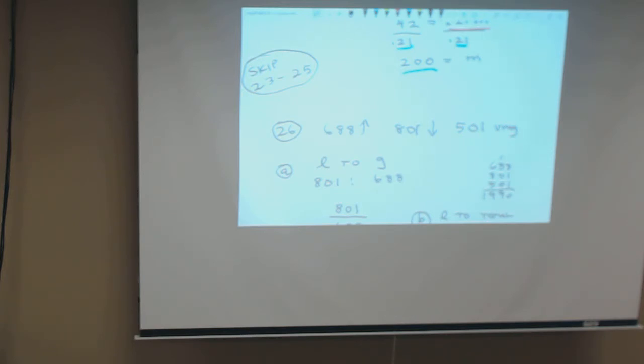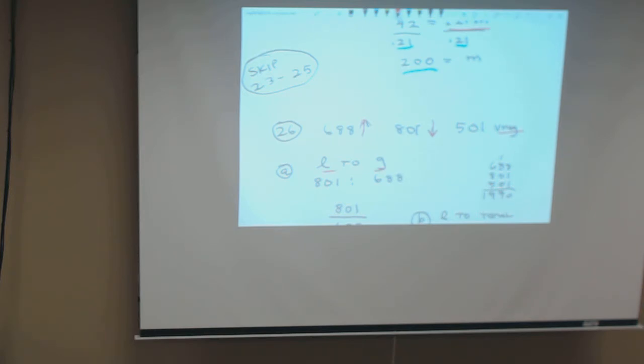26. On a certain day, the New York Stock Exchange reported that 688 stocks went up. So I just put 688 went up. 801 went down, and the rest were unchanged. 501 were unchanged. What's the ratio of losers to gainers?